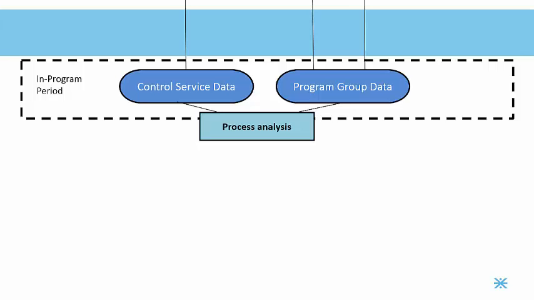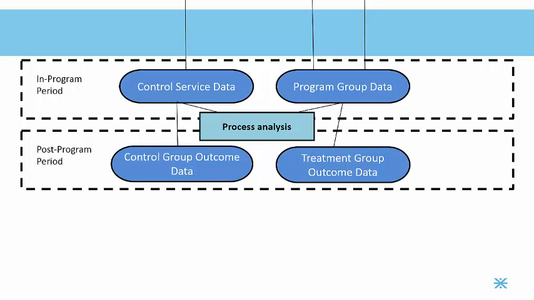A certain amount of process analysis is essential in any impact analysis, if only to identify the in-program period. Generally, we might say that the in-program period ends when 80% of the program group are finished with their association with the program.